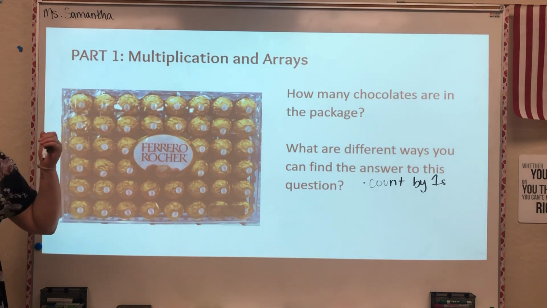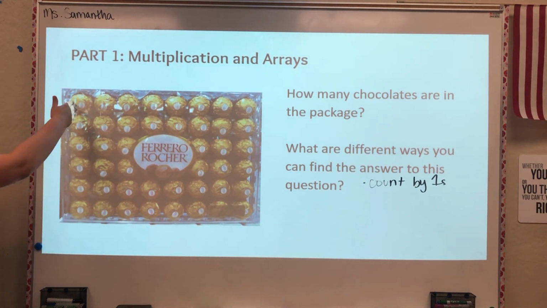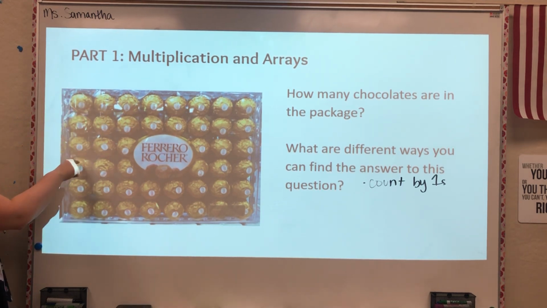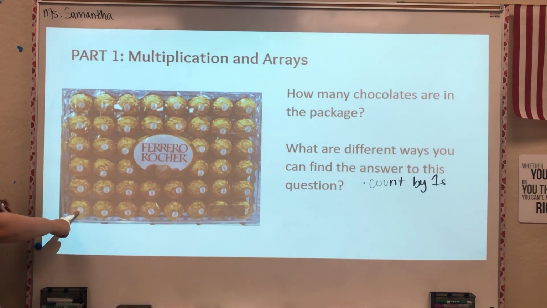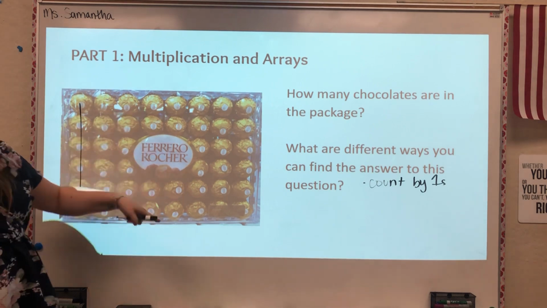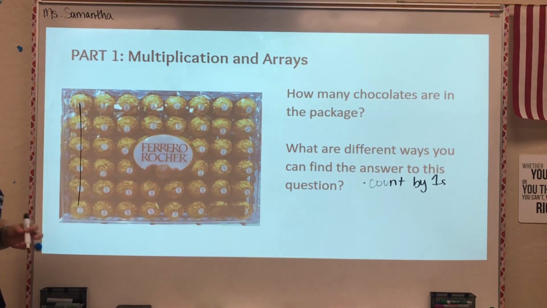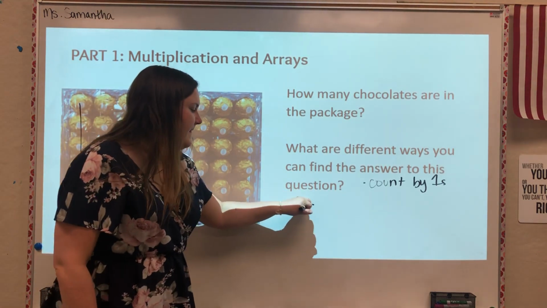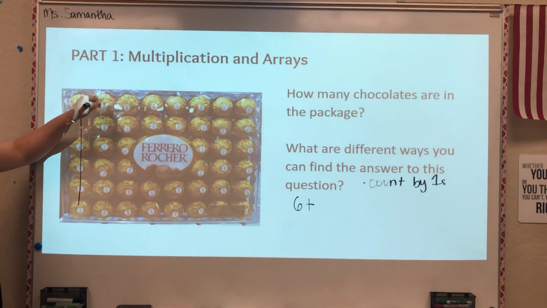You can also count by other numbers, specifically the entire column here. We could go and say 1, 2, 3, 4, 5, 6. And if I know this whole thing is 6, that would help me because the rest of this is just a bunch of different columns of 6. So I could say 6 plus, how many are there?